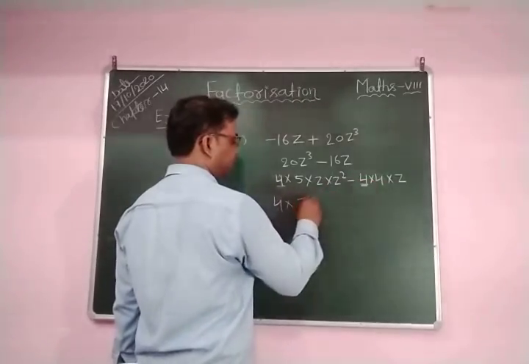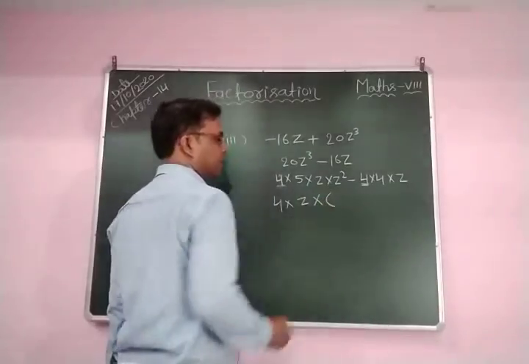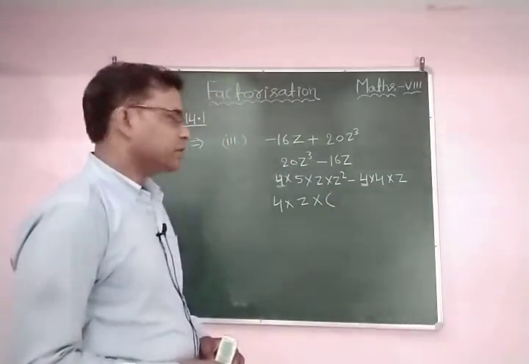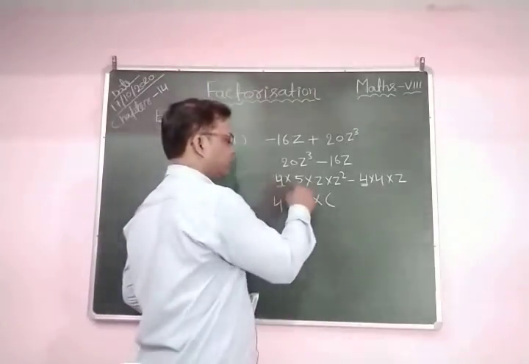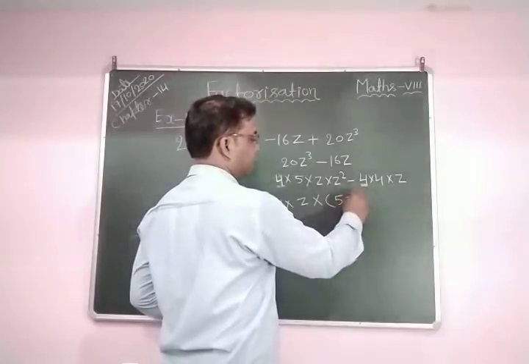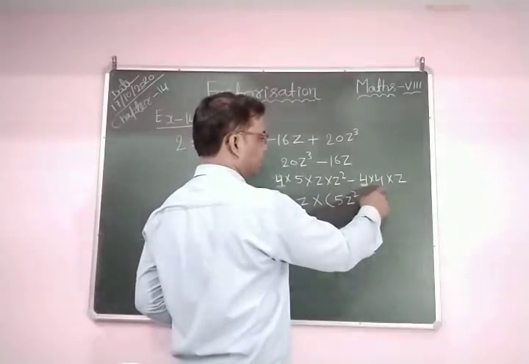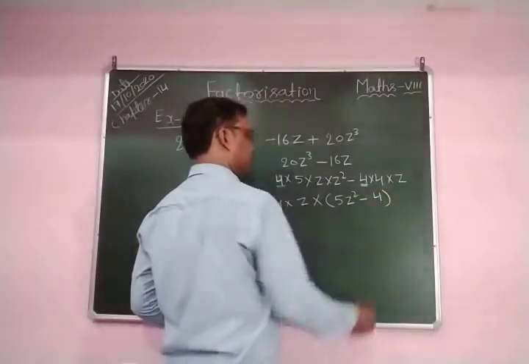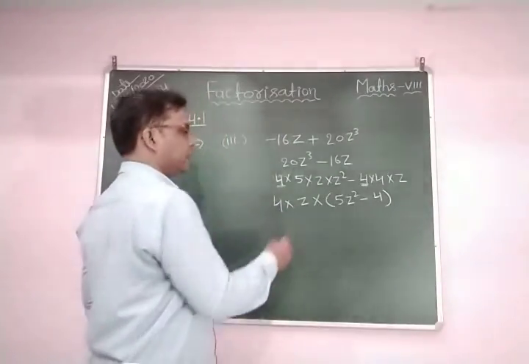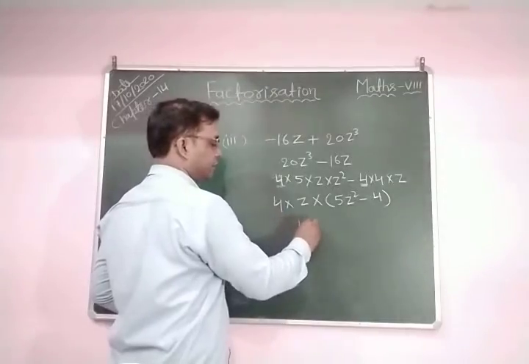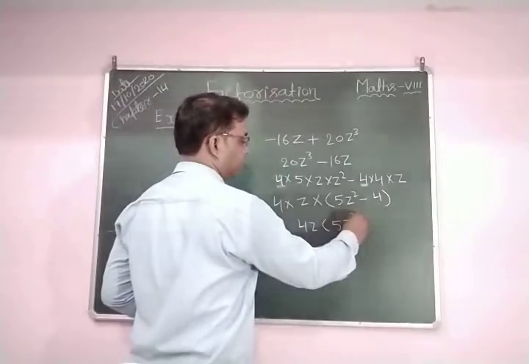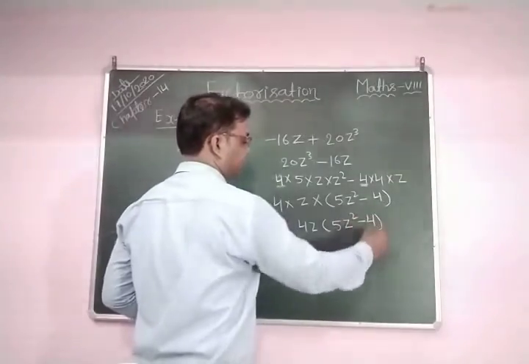We take z. After this we write all the remaining part of both terms in brackets. So we have 5 into z square, 5z square minus 4, because we take z common. So you can write it as 4z into (5z square minus 4).